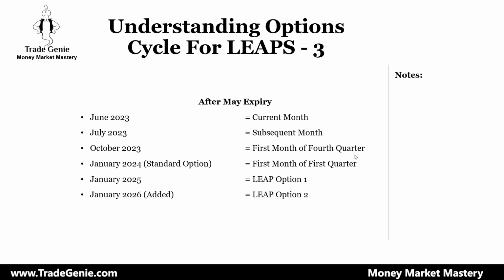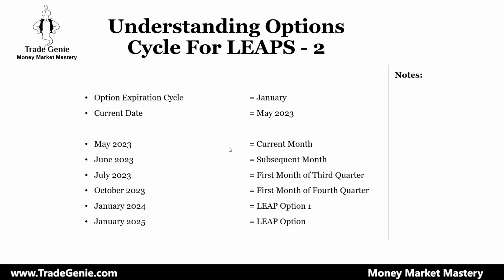October will be the first month of the quarter, and January 2024 is already there, so nothing is changing here. So you have May, June, July, October, January 2024, and January 2025. You just have to remember that this is what's listed: May, June, July, October, and then January.